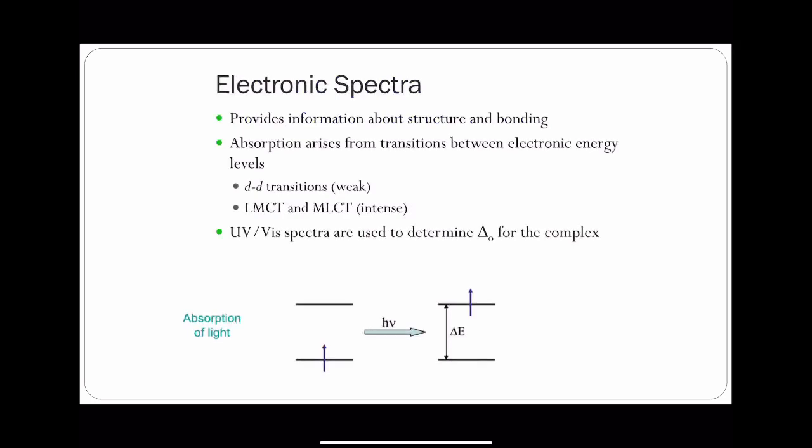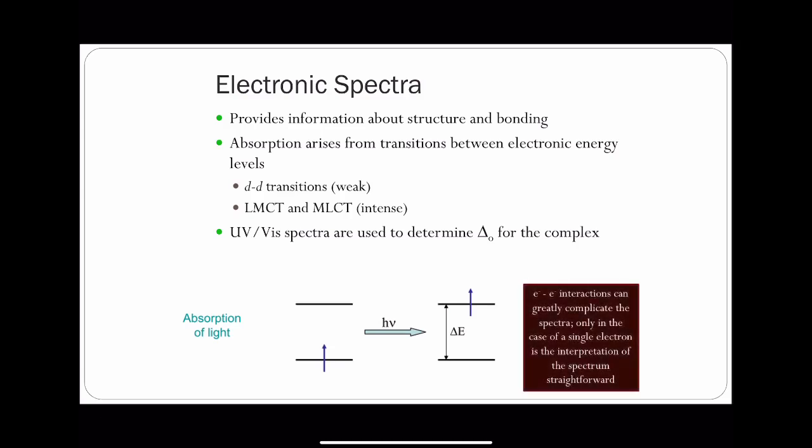So, as I've already mentioned, UV-Vis spectra are useful because very oftentimes they're used to determine the octahedral splitting energy for a complex in, of course, an octahedral environment, which is what we're going to focus on. I should also note that the presence of electron-electron interactions can significantly complicate our spectra, just like our discussion of quantum mechanics, whenever we talk about electron configurations.